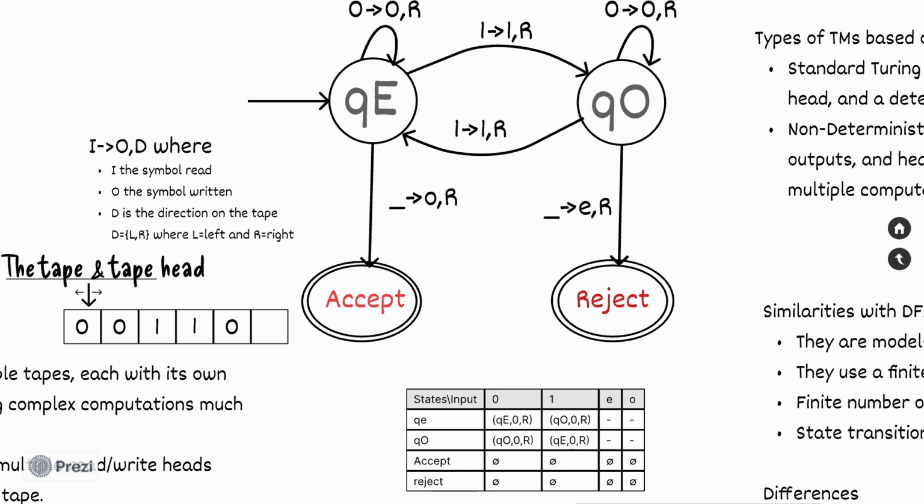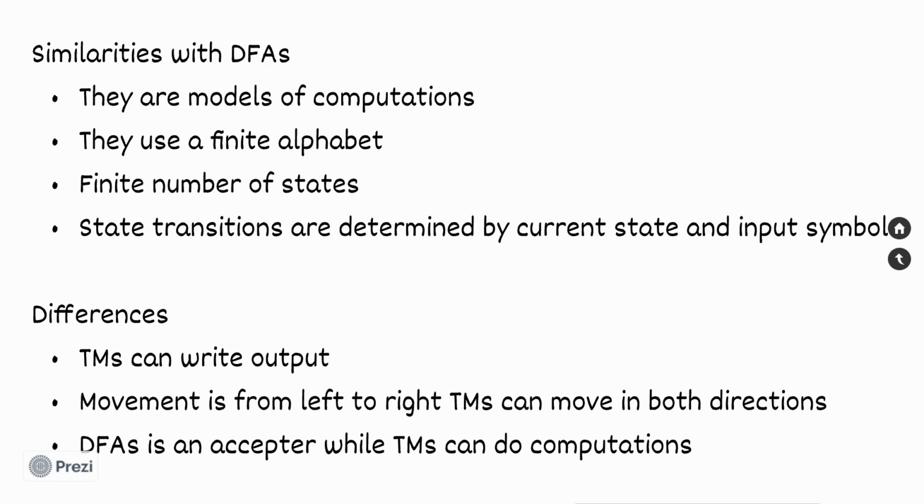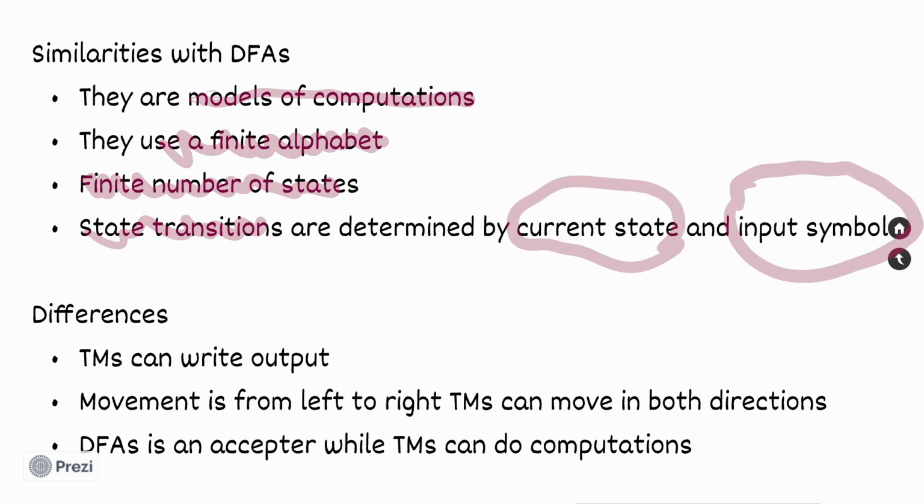Turing machines and finite automata are very simple. They are both models of computation. They both use finite alphabets. They also use a finite number of states. State transitions are determined by the current state and the current input symbol. One difference is that Turing machines can write output, while finite automata can't.